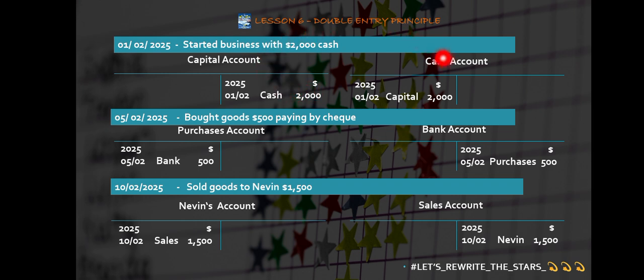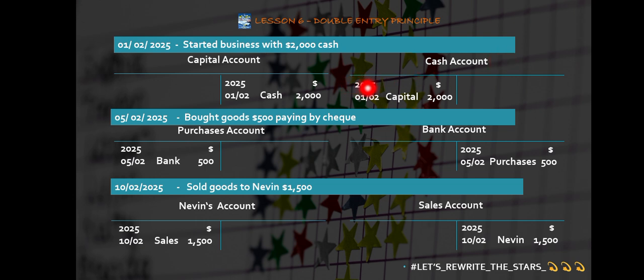Now in the corresponding account, the rule says that when cash is a receipt, that means cash is being received within the organization. Because it is receiving, it will be a debit entry, the left-hand side of the T account. So we draw the T account and indicate the cash account name.